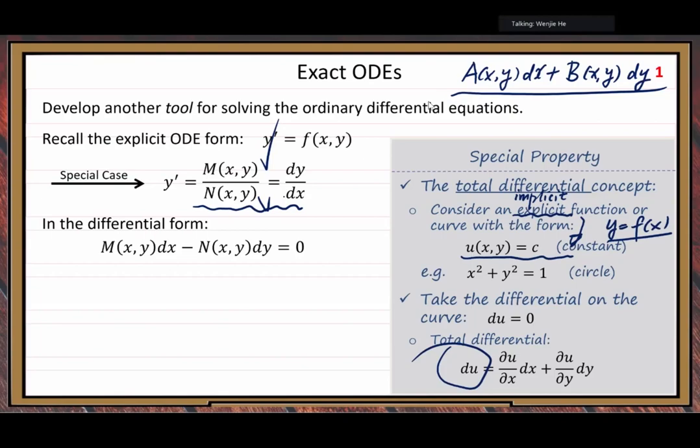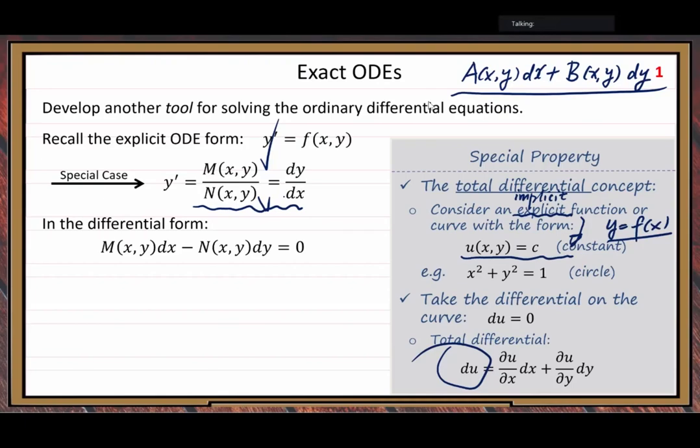If it's not, then we cannot solve it. We don't know how to solve it. But if it happens to be a total differential, then we can solve it.